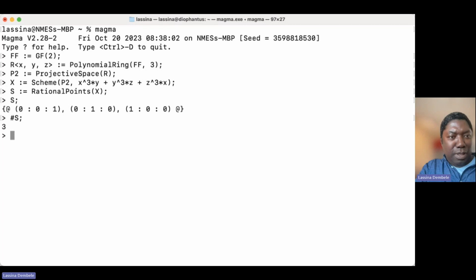What we can also do is compute the set of points on the extension of degree 2 of our base field, which is F4. So now we take this extension, and then we take the base change of our curve.